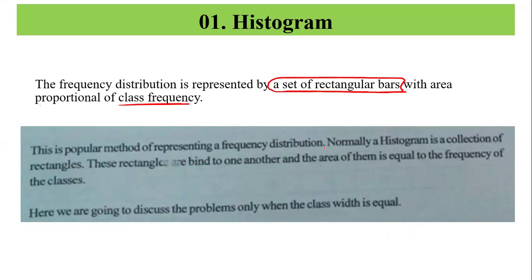Normally, a histogram is a collection of rectangles. The special feature of these rectangles: they are bound to one another, and the area of each is equal to the frequency of the class.